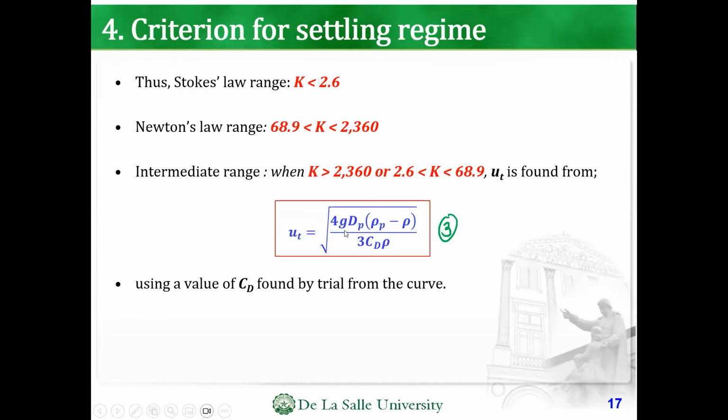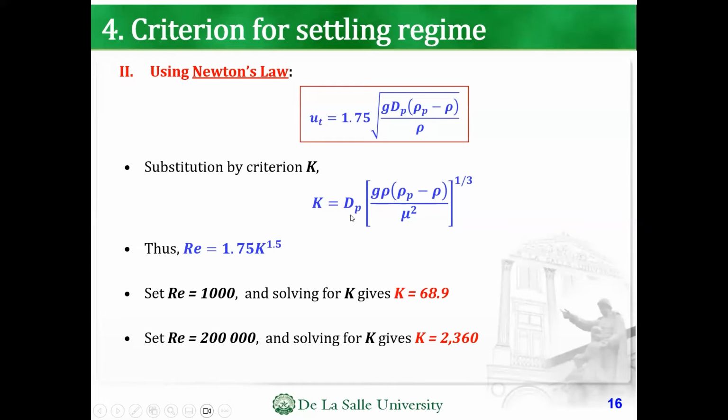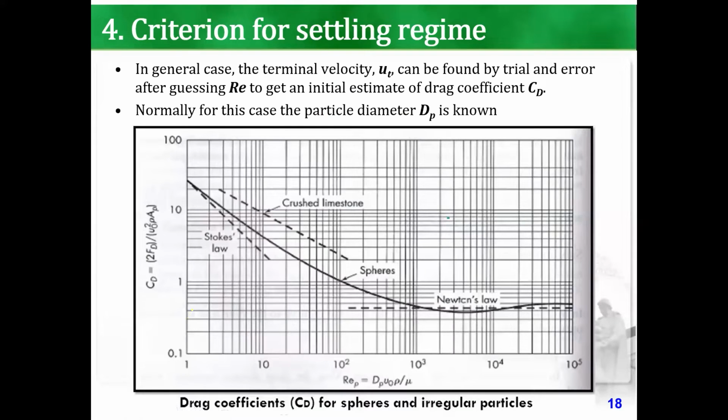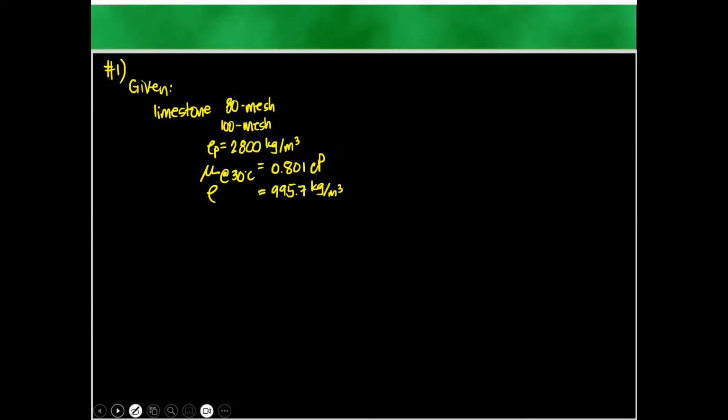The thing is, for K, we need to have a d particle. We need to have a CD, right? So here we need the diameter of the particle. You already know the density. You already know mu squared or mu. So let's copy the formulas first.